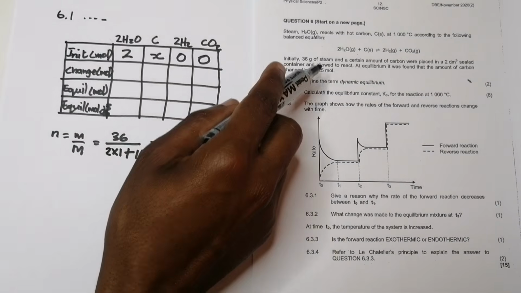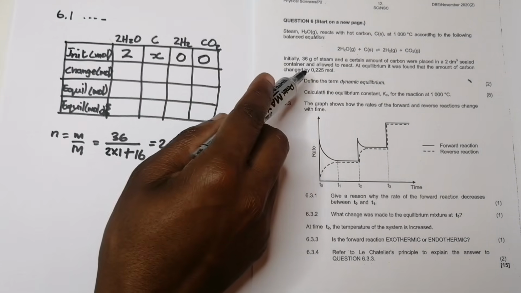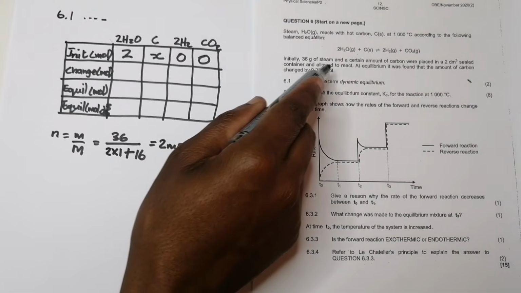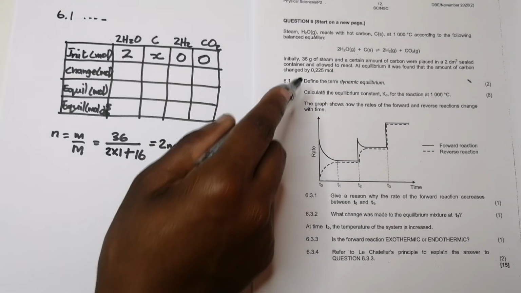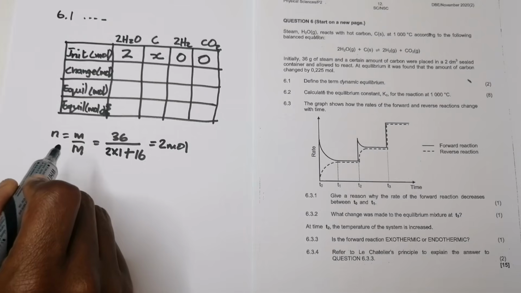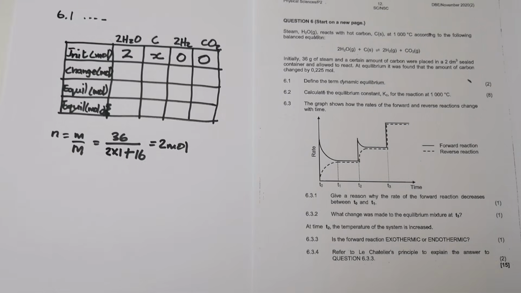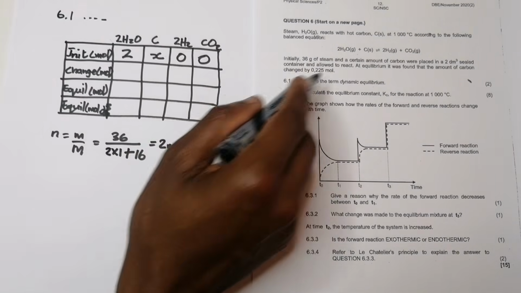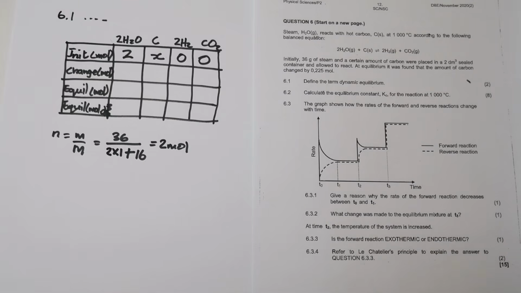I want you to please understand this. This amount that it changed by is the amount that took part in the reaction. This is the amount that reacted during the course of the collision. I hope that makes sense, ladies and gents.